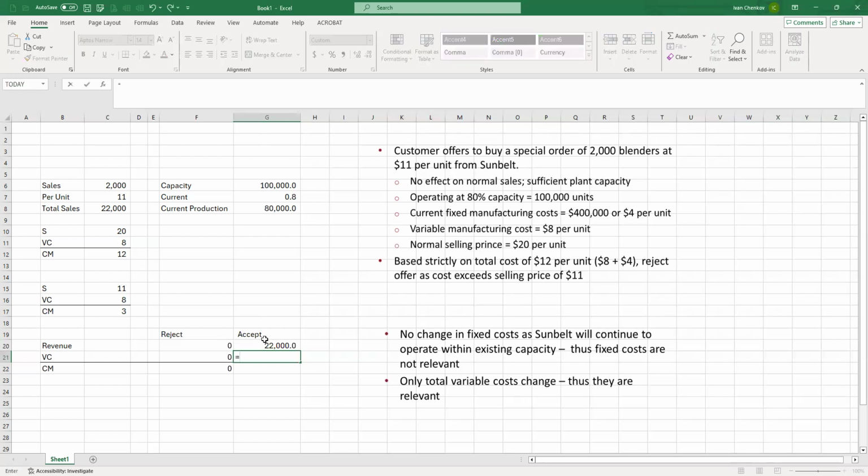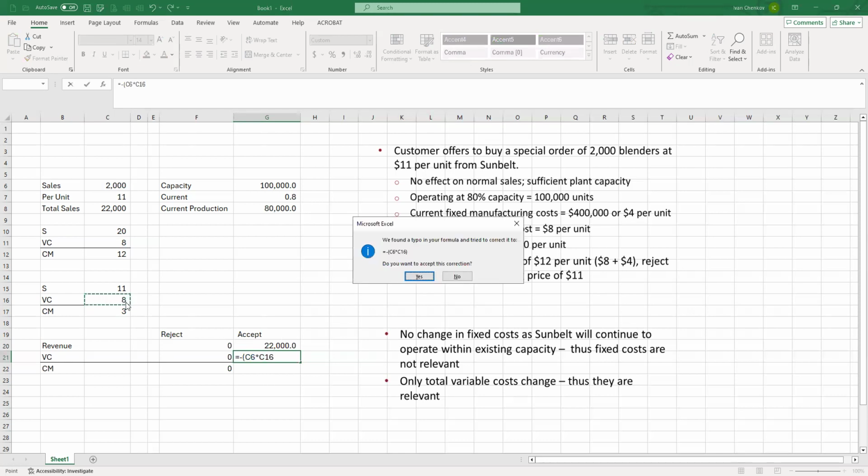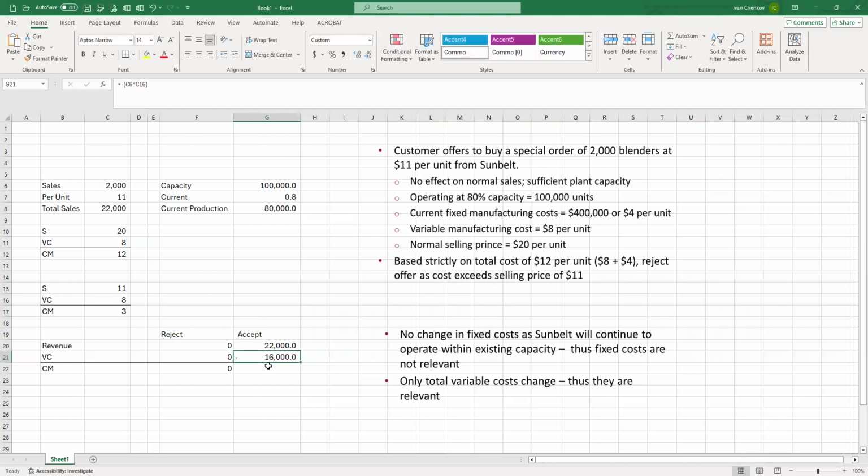But I have to pay cost, 2,000 units times $8 per unit, 16,000 negative. So that gives me 6,000 contribution margin. So should I go for it? Yes. Absolutely go for it.